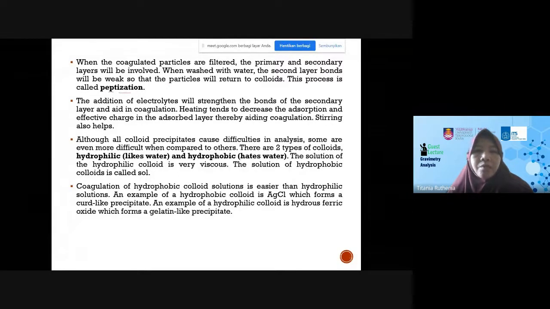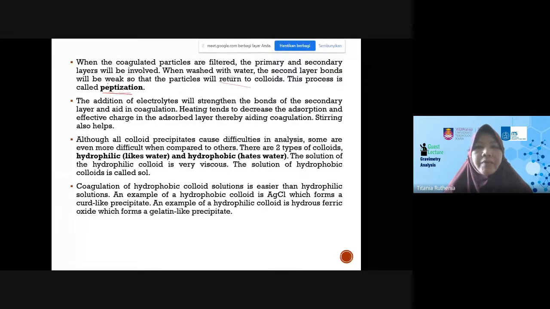So when washed and filtered, the primary and secondary layers will be affected. When washed with water, the second layer bonds will be weak, so that the particles will return to the colloid form. So to strengthen the bonds of the secondary layer, and to help in the formation of coagulation, it is important to add electrolytes.